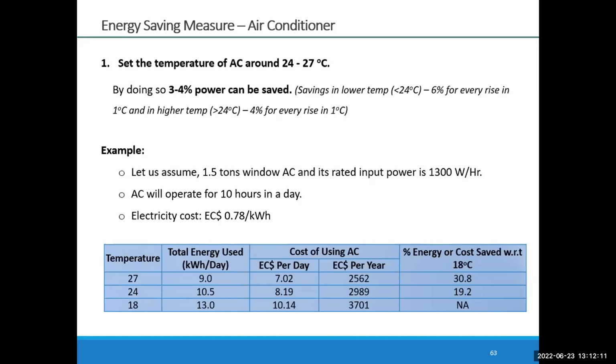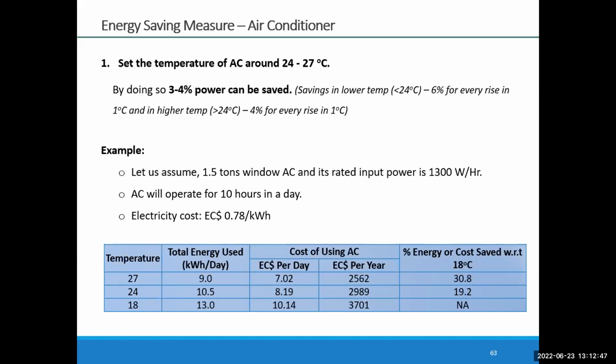The difference gives the cost savings when multiplied by the tariff cost, that is 0.78. And if you multiply by the number of days in a year, say 365 days, you will get the total annual energy cost savings per year. Here you can see that with respect to the 18 degrees set point, if you set the air conditioning unit at 24 degrees, you will be reducing 19.2% of energy consumption.